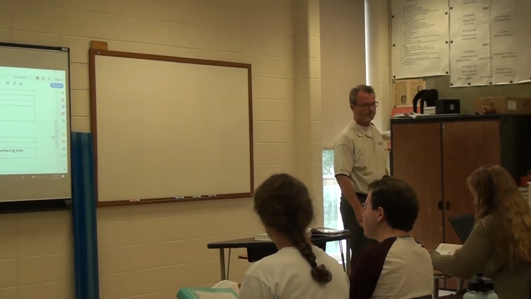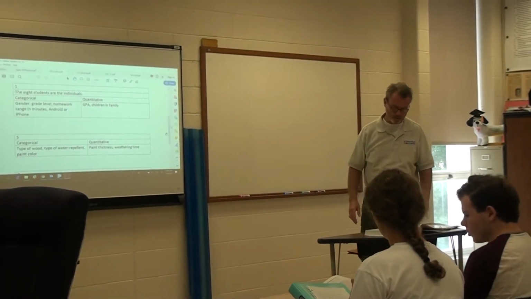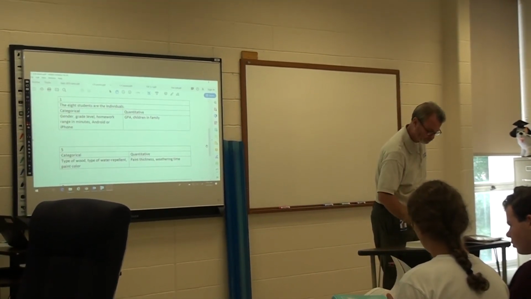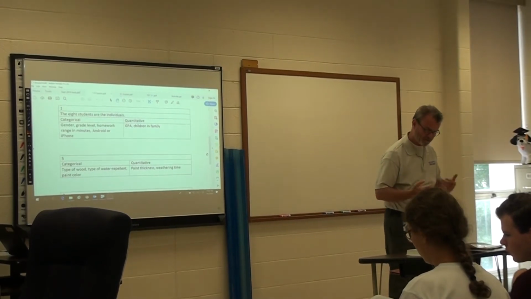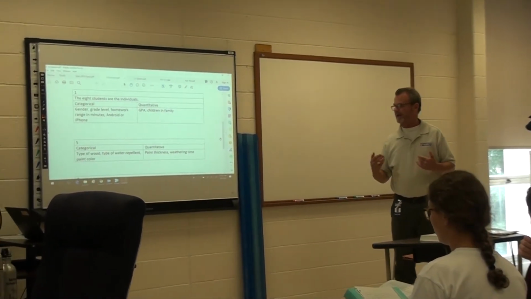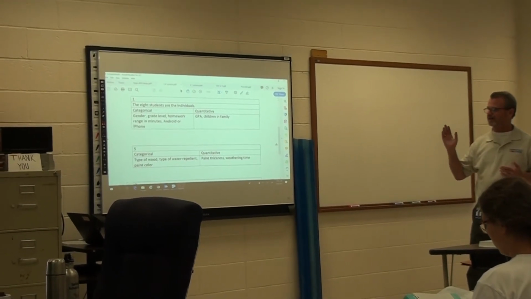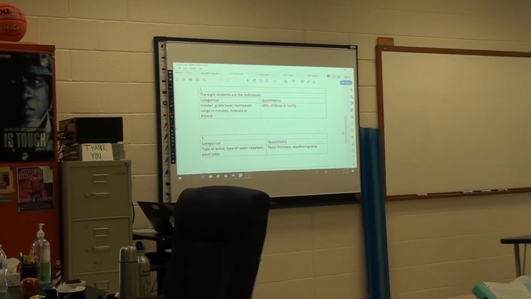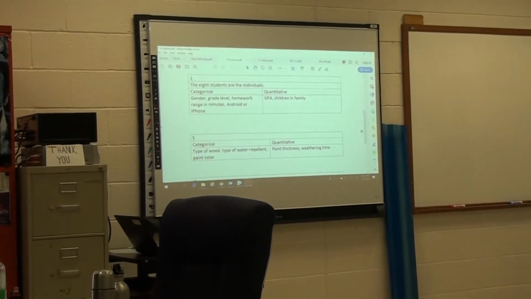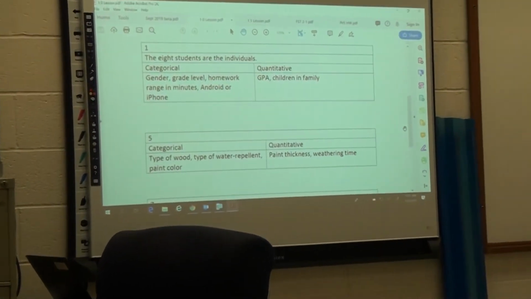Not necessarily. Okay? So now we go to problem 5 on page 8. And they just have a paragraph there, and they ask you, again, to break these down into categorical and quantitative, and here's what you got. 3 of them are categorical, 2 of them are quantitative. You can read that.